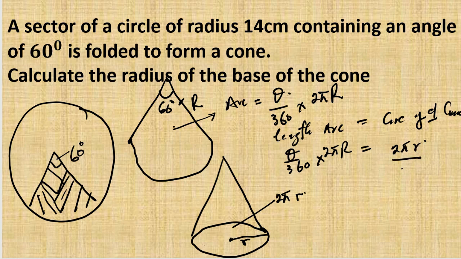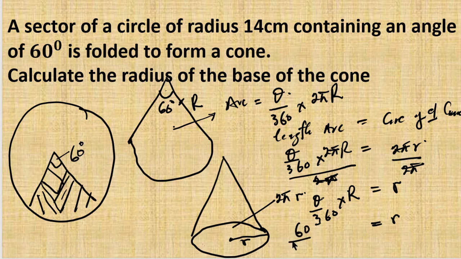Now, I'll divide both sides by 2 pi, since I can see 2 pi in common. So that the r I'm looking for, theta over 360 times big R, is equal to r. Now, my r will be equal to 60 over 360 times the big R, that's 14.